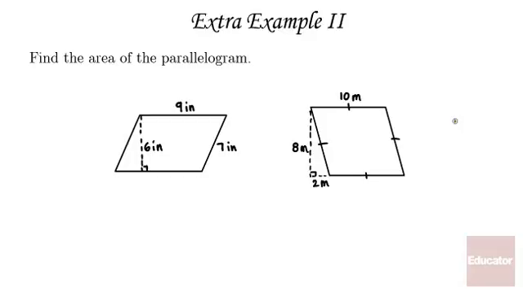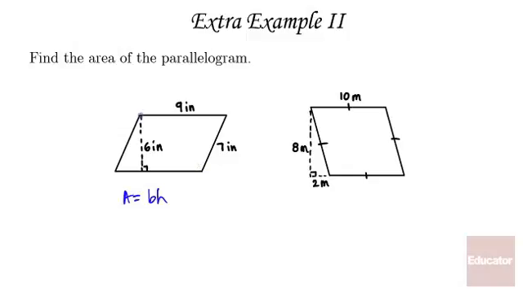Find the area of the parallelogram. The first one has sides of 9 inches, 7 inches, and 6 inches. The area is base times height. Again, remember the height and the base have to be perpendicular. So if I want to measure the height, I can't measure this side, I can't measure it this way.